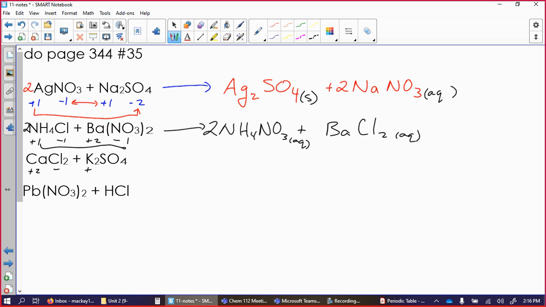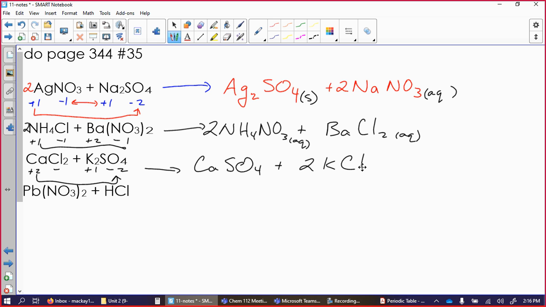+2 -1, +1 -2. +2 goes with the -2, so calcium sulfate. +1 and -1. Well, this one's easy to balance because I'm just going to put a 2 there because I've got 2 potassiums and 2 potassiums.